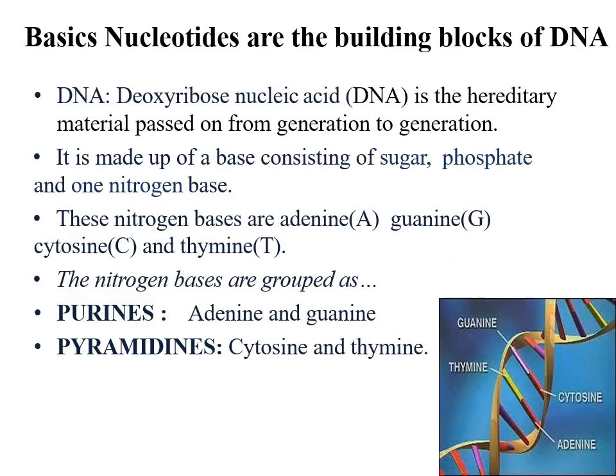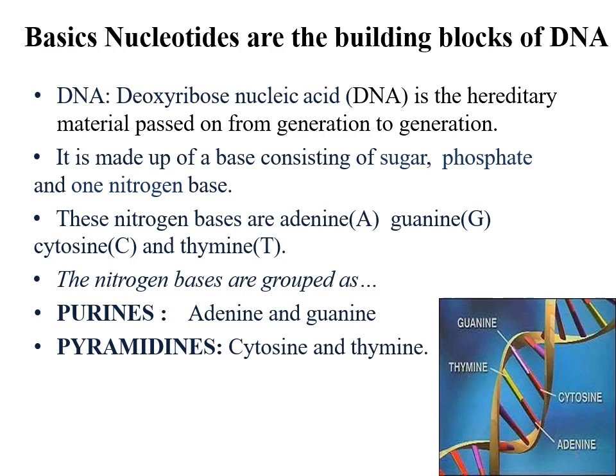The DNA is composed of nucleotides, which means that nucleotides are the building blocks of DNA. These nucleotides are made up of three elements, which are sugar, phosphate group, and one nitrogenous base. These nitrogenous bases are adenine, guanine, cytosine, and thymine, and are grouped as purines and pyrimidines.